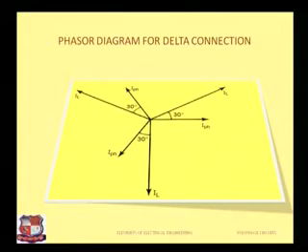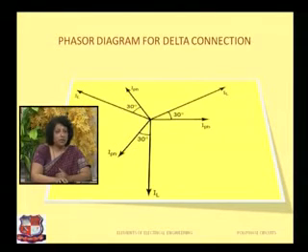Then the phasor diagram for delta connection. Similarly, for delta connection, what we have observed is EPH and E line, they were same. Phase voltage and line voltage were same, but the line current and phase current, they are different. So let us plot 3 phase currents, that is IPH for R phase, Y phase and B phase, and then similarly like star, we can plot the vector diagrams.